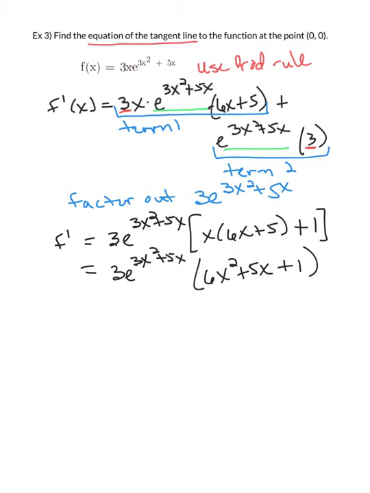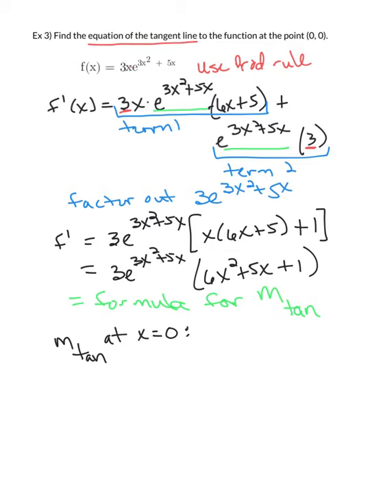Remember what we need this derivative for. This is the formula for slope of the tangent line. So we need to find the slope of our tangent line. And the place we want to do that is the point (0, 0). So that means the x variable, which is what we have in our formula, gets replaced by zeros.